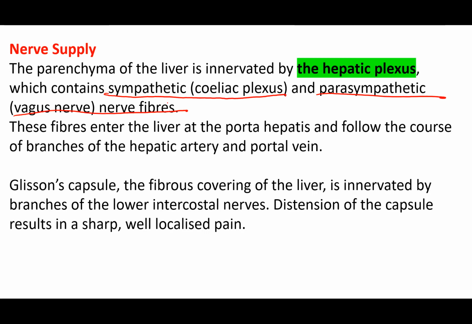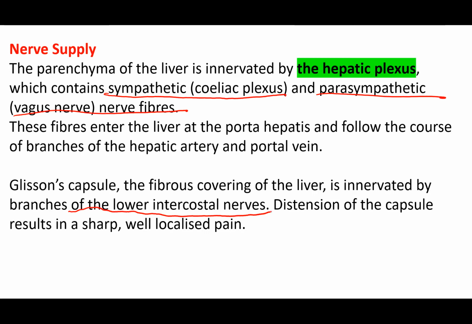These fibers enter the liver at the porta hepatis and follow the course of branches of the hepatic artery and portal vein. The Glisson's capsule, the fibrous covering of the liver, is innervated by branches of the lower intercostal nerves.